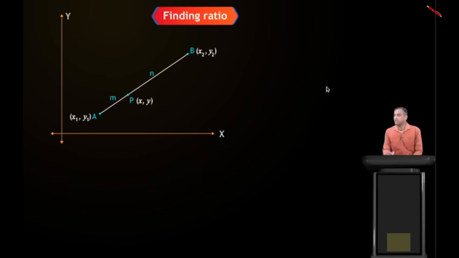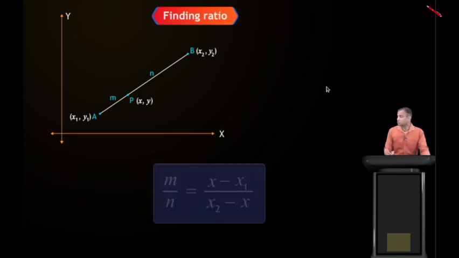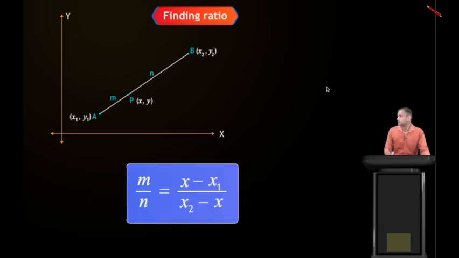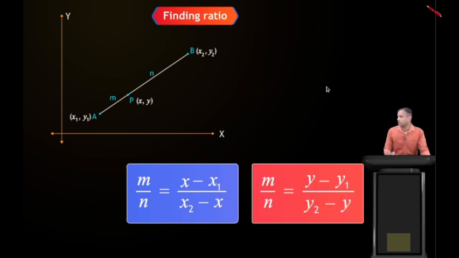Okay, now finding the ratio. How will you find the ratio of any point? We can use this formula: m upon n equals (x minus x1) upon (x2 minus x), or m upon n equals (y minus y1) upon (y2 minus y).